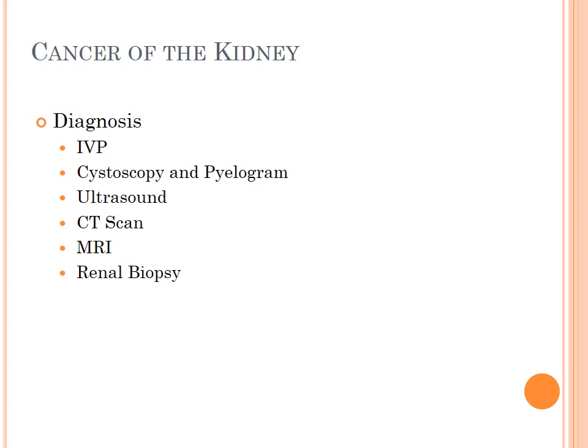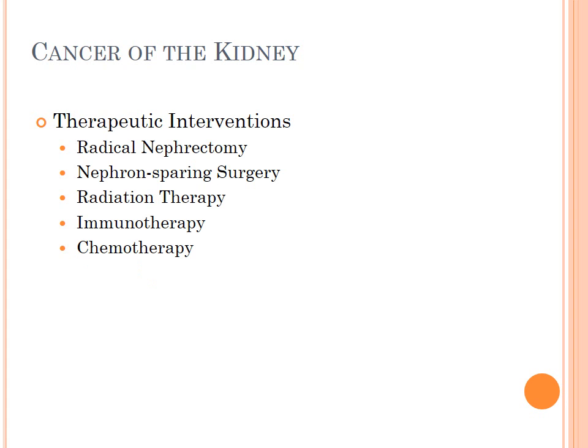So diagnosis of kidney cancer includes an IVP, cystoscopy, pyelogram, ultrasound, CAT scans, MRIs, and ultimately a renal biopsy. We discussed the nursing interventions for renal biopsy in the previous lecture. They're going to be in a prone position, watch for bleeding.